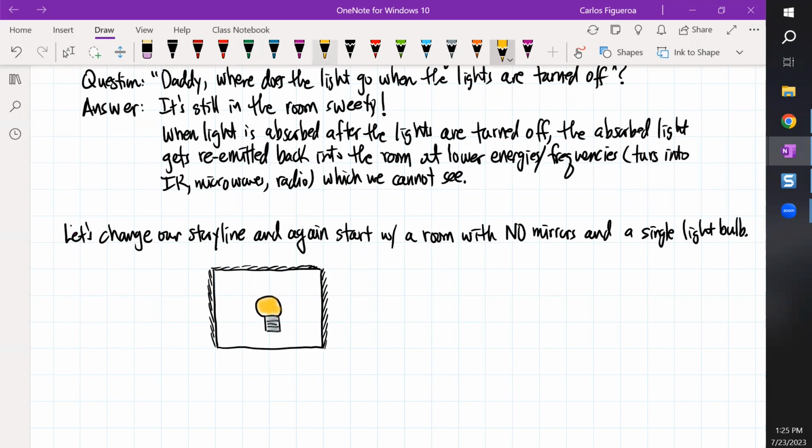And as it emits light, we know that light is going everywhere. Now, we're going to measure this light. So what do I mean by that? Right here in this corner, I'm going to have a light sensor.